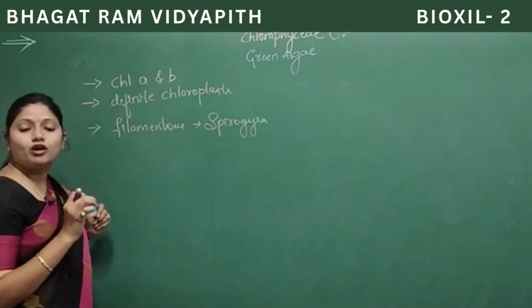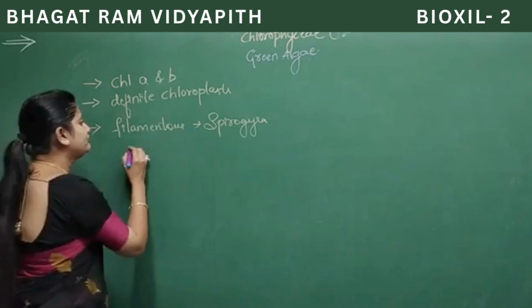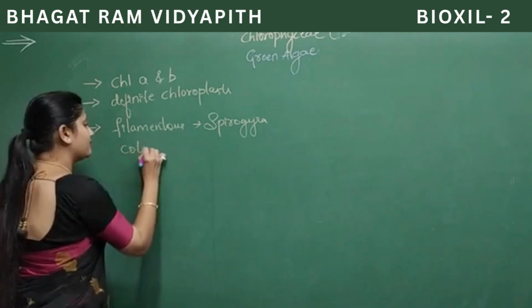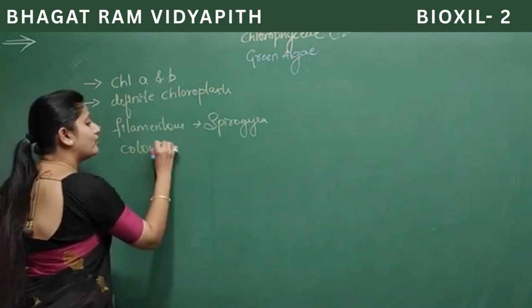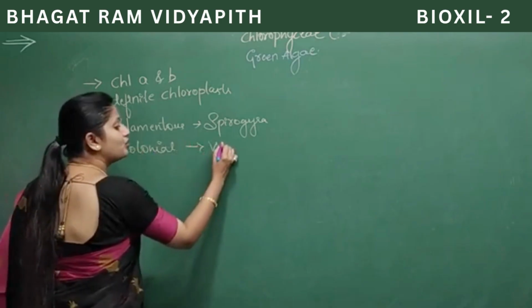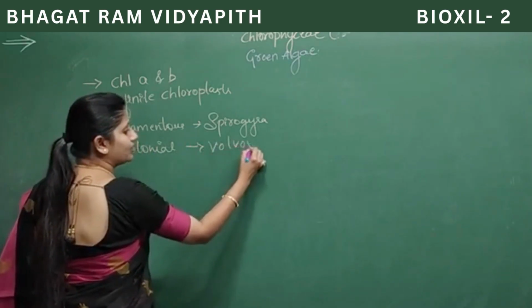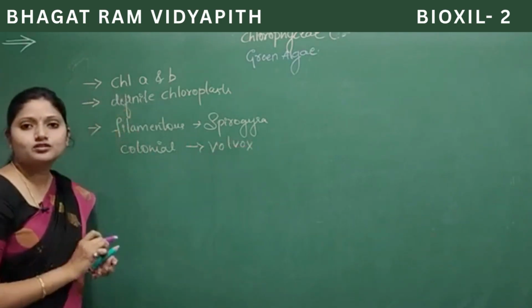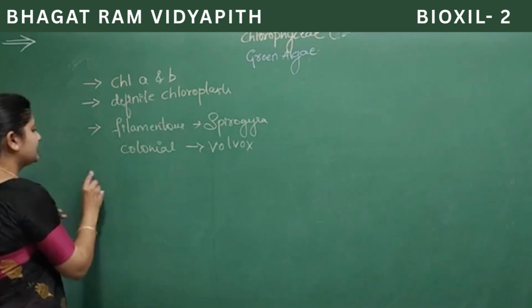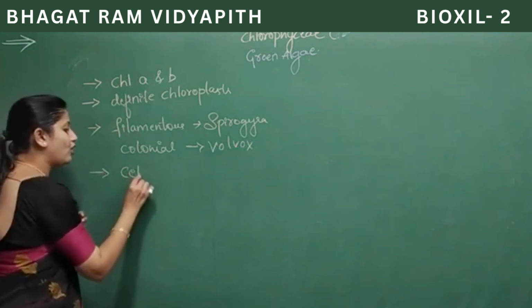And an example for the colonial form of green algae is Volvox.